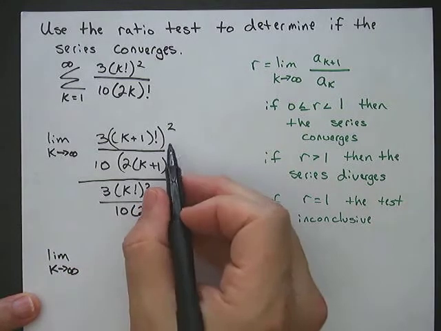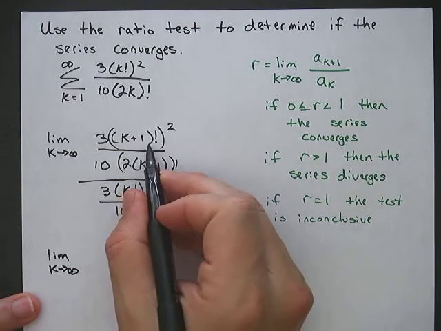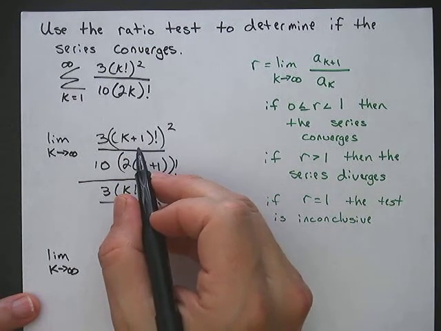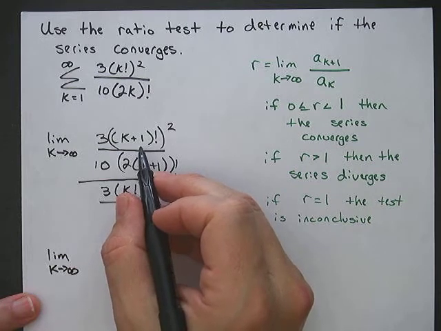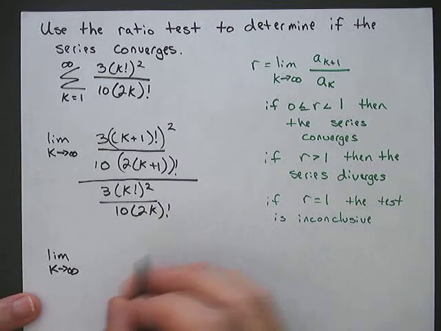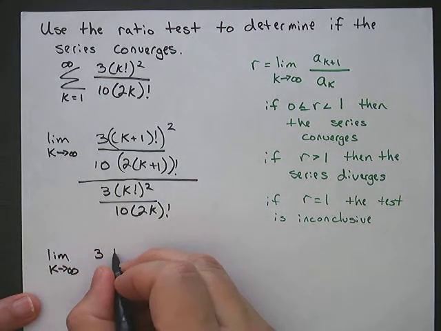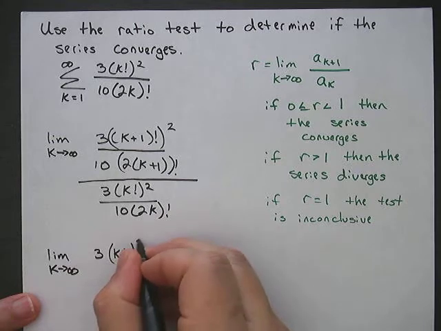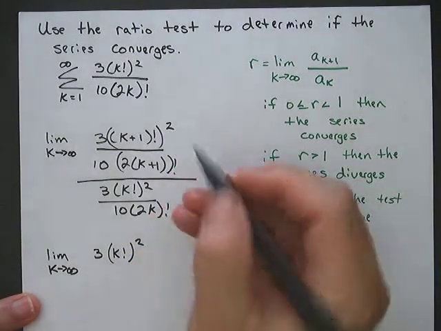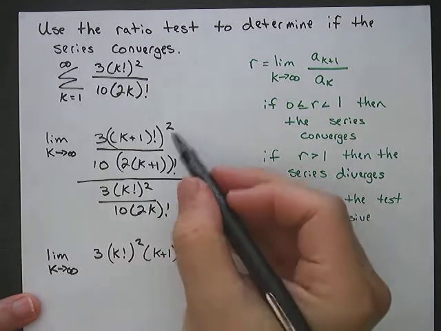Okay, so let's start cleaning it up. k plus 1 factorial is the same as k factorial times k plus 1. It's one extra term. So instead of k factorial, we get one extra term. So I can write this like this. 3 times k factorial squared, because of this, and then times k plus 1 squared, because of this.